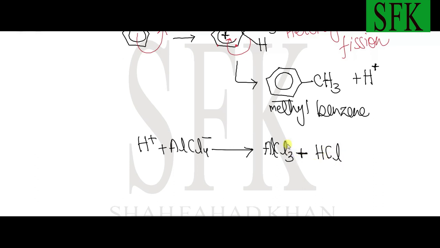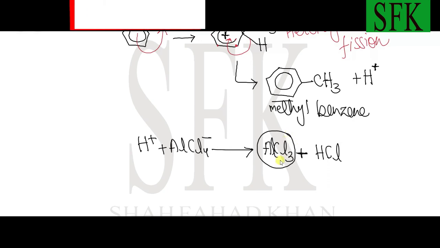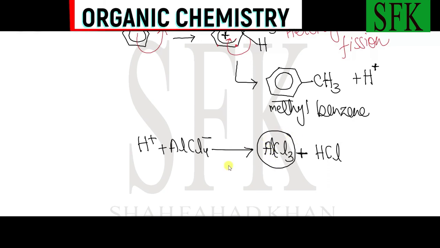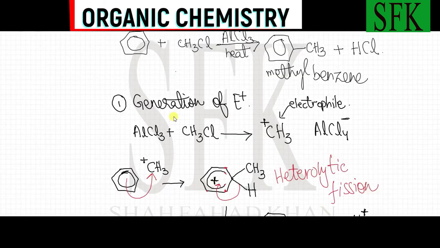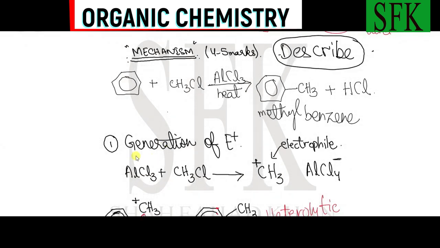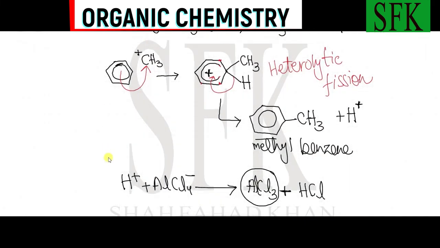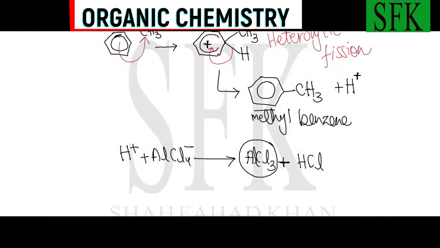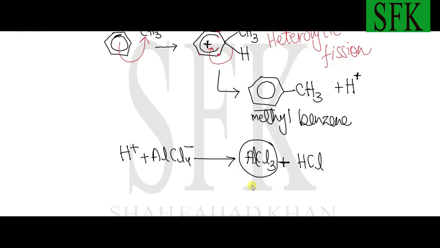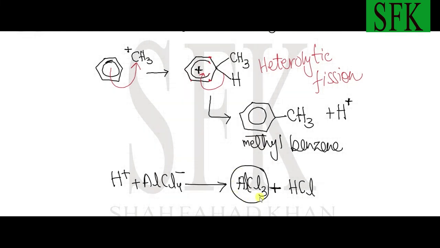This AlCl3 over here, we saw it in the beginning, over here while generating the electrophile. So what species is used to start a reaction but is regenerated in the end and is left chemically unchanged?